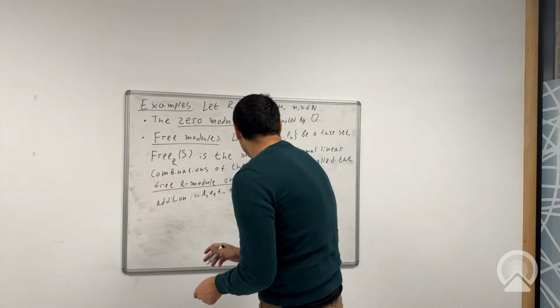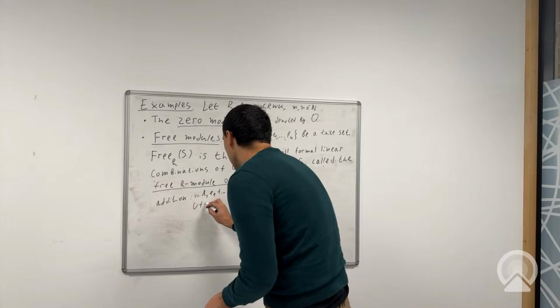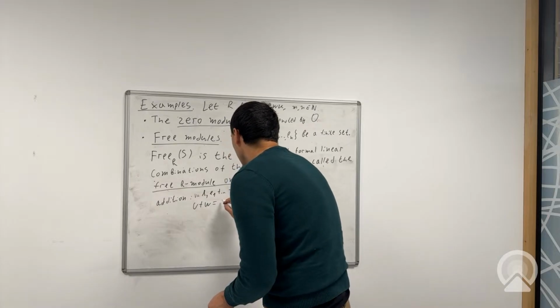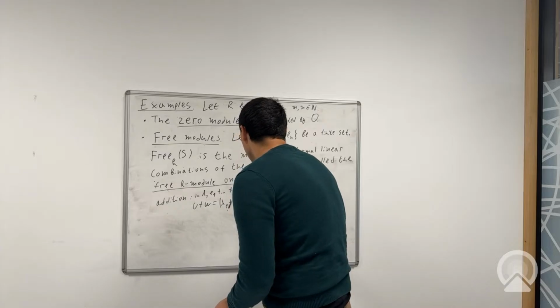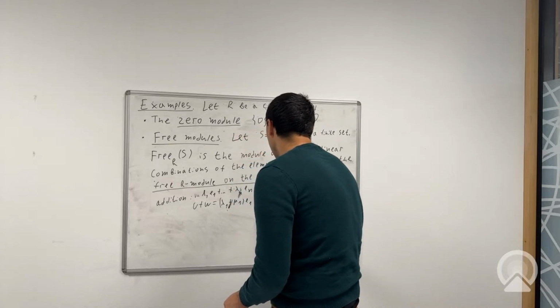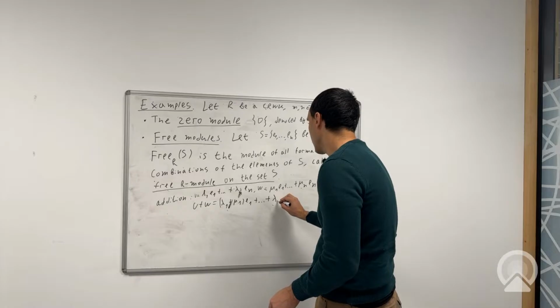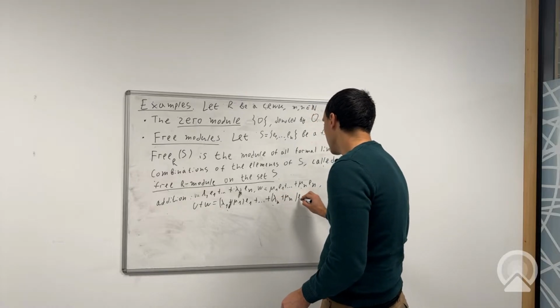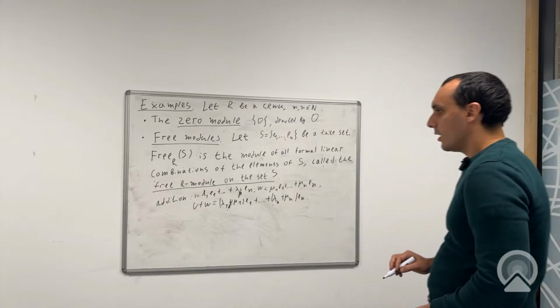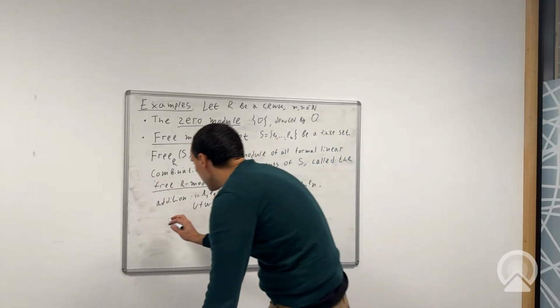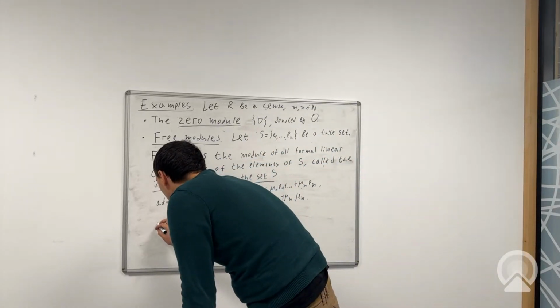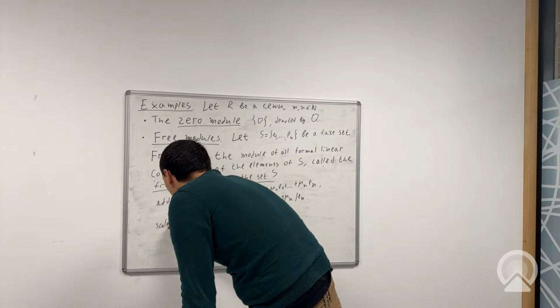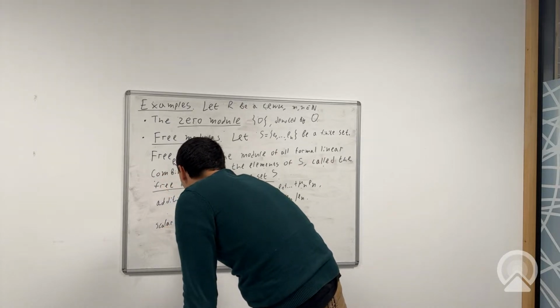So v plus w equals (lambda_1 plus mu_1) times e_1 and so on until (lambda_n plus mu_n) times e_n. And scalar multiplication is again defined in some sense component-wise scalar multiplication.